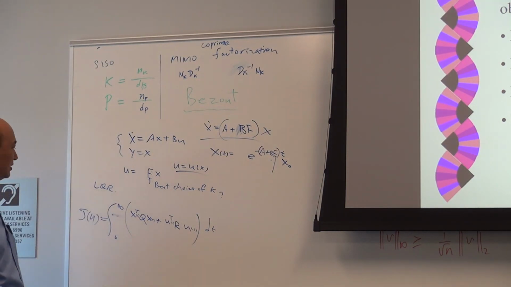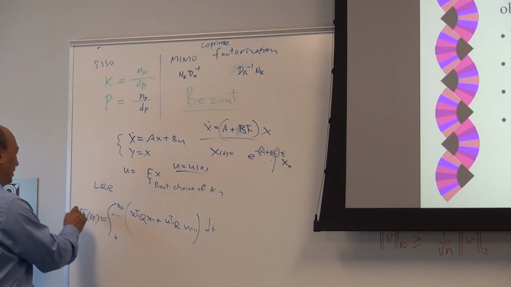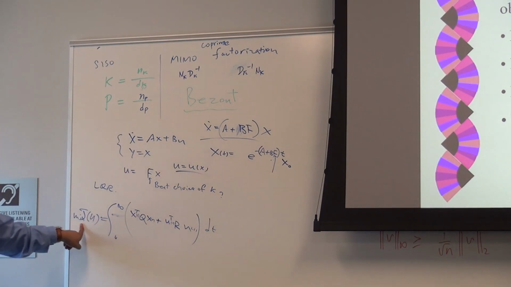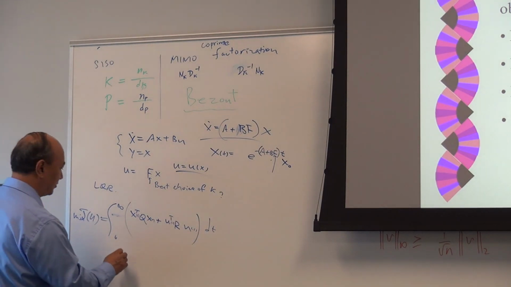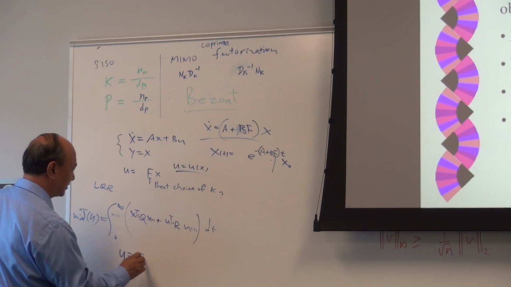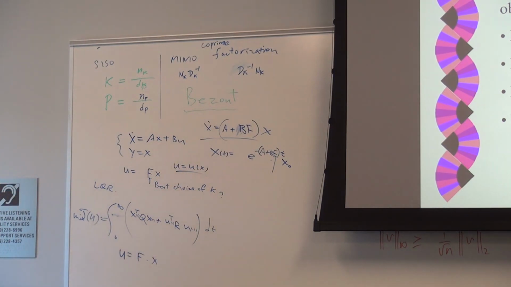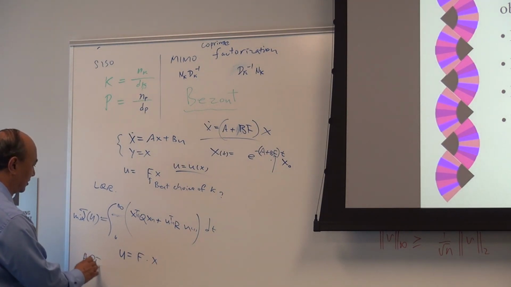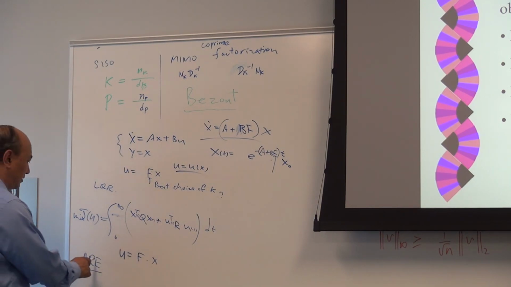It turns out that the solution for this minimum happens to be U equals FX. There is a pretty lengthy derivation from calculus of variations, so we're not going to talk about this. For the LQR problem, you need to solve the algebraic Riccati equation to get this.